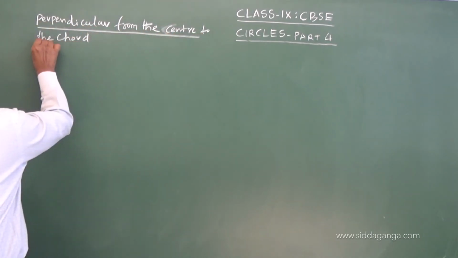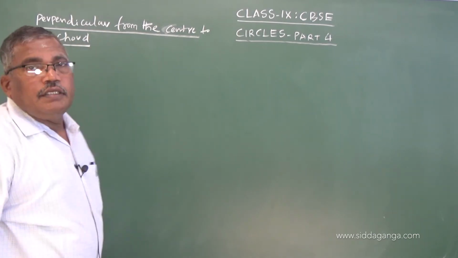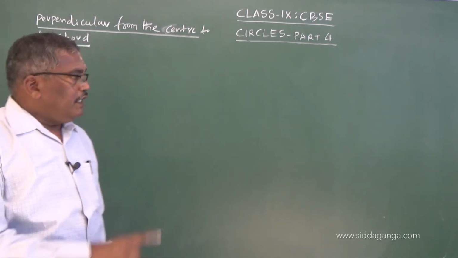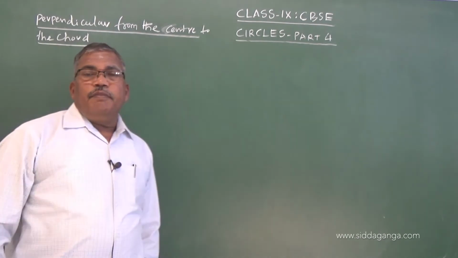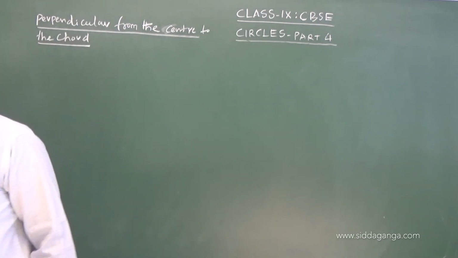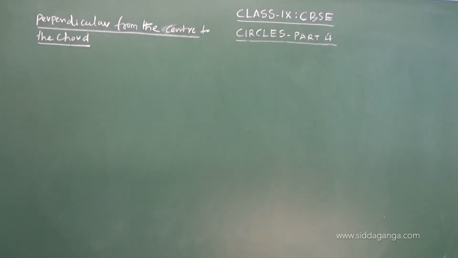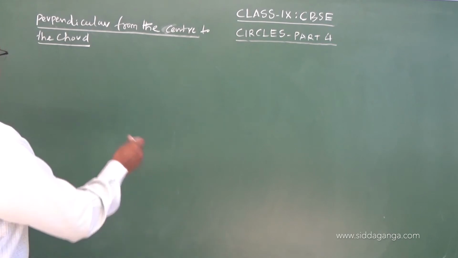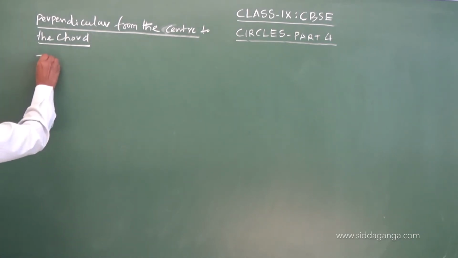So let us discuss this subject. If you have a circle and a chord, and a perpendicular is drawn from the center, what will happen? Under this we study theorem 10.3.